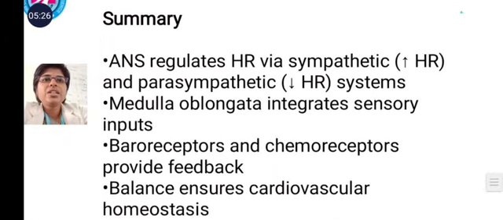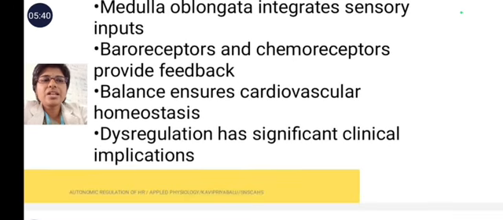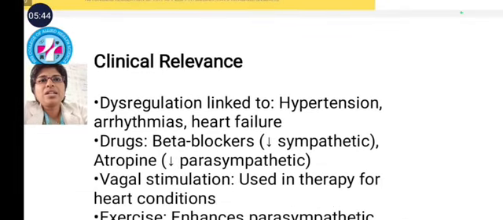So the ANS regulates the heart rate via sympathetic and parasympathetic actions, the medulla oblongata integrates the sensory input, and baroreceptors and chemoreceptors provide the feedback. This balance ensures cardiovascular homeostasis, and dysregulation has significant clinical implications. Dysregulation is linked to hypertension, arrhythmias, and heart failure.